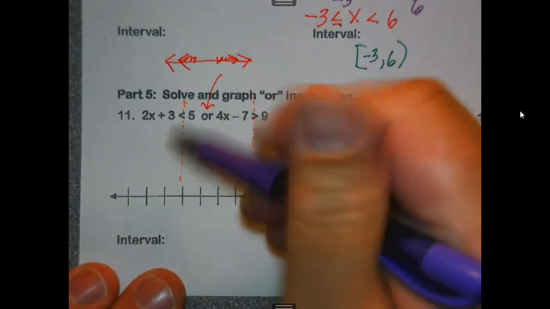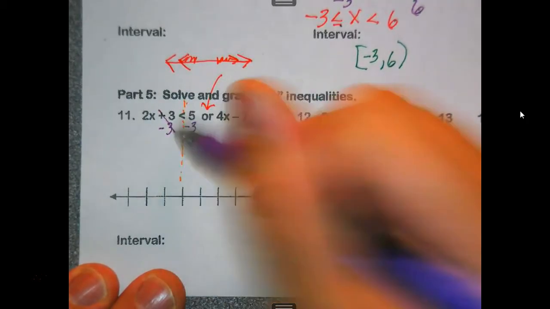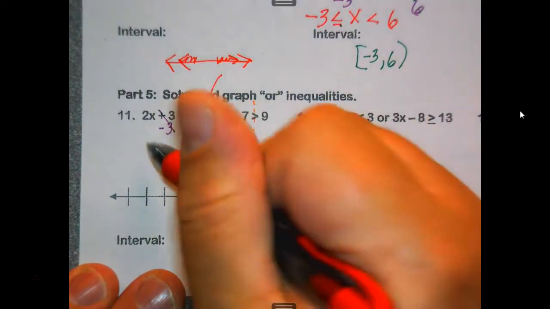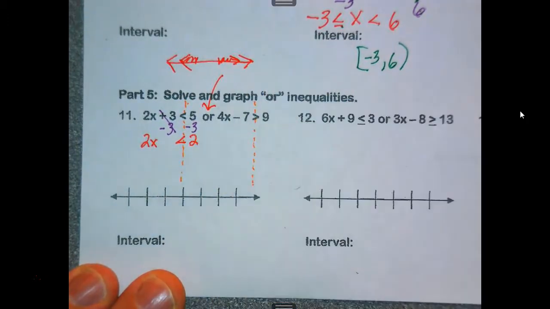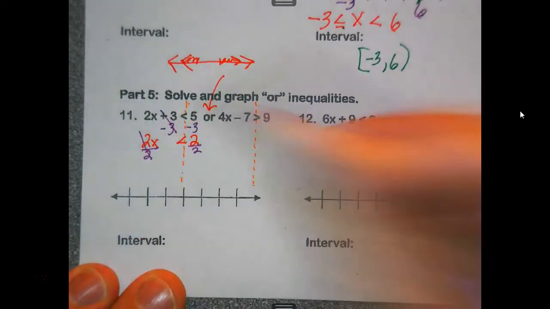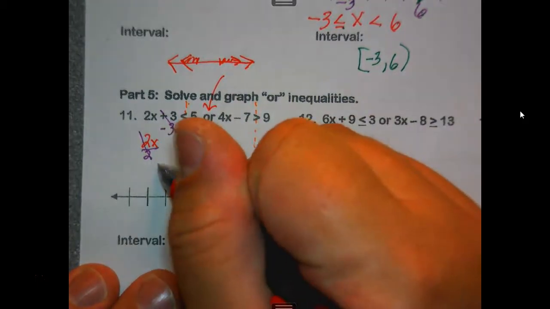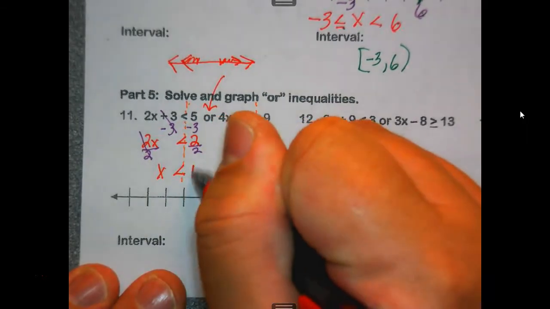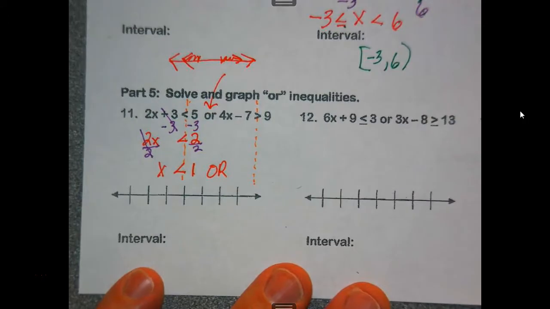Okay. I'm going to subtract 3 from both sides. I get 2x is less than 2. Then I'm going to divide by 2. So I get x is less than 1. Or, okay, solve the other one.